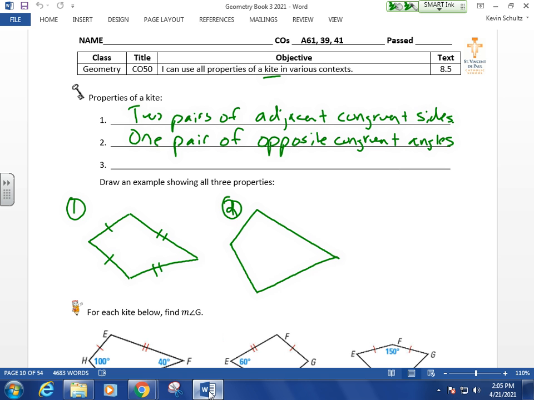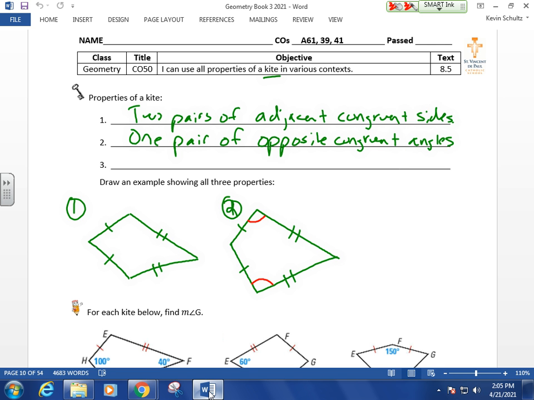In green, I'm going to put what we already know. Because it's a kite, we already know we have the adjacent sides congruent. Being that it has only 1 pair of opposite congruent angles, we have to know which pair that is. And it's the pair of angles in between the congruent sides that will always be congruent angles.